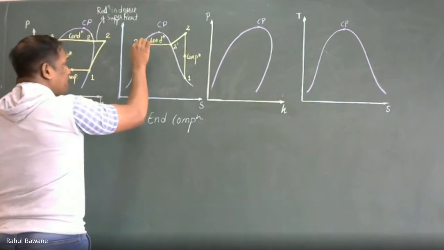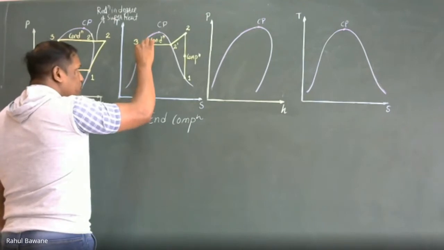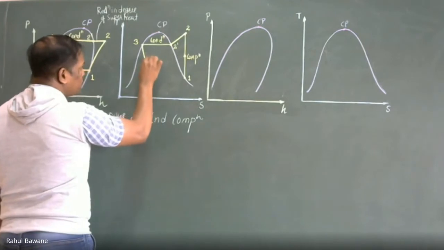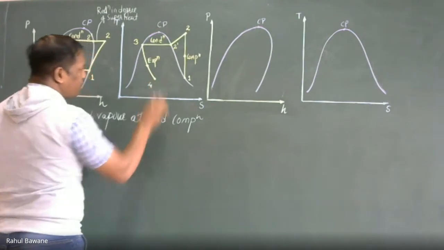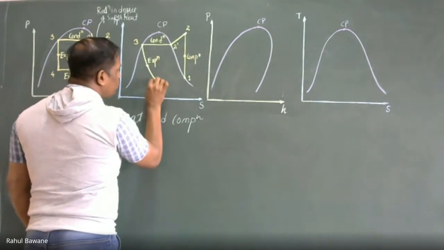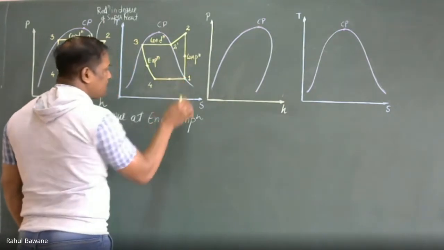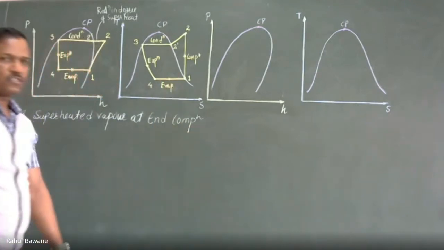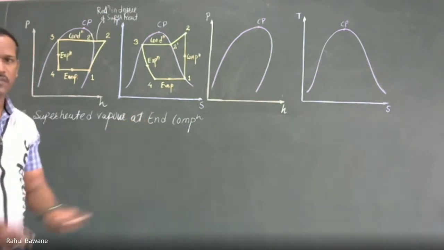After the condenser we supply it to the expansion valve, so the constant enthalpy process appears curved on the TS diagram. This is the expansion process, point 4, and from point 4 we send the refrigerant to the evaporator unit, where it extracts latent heat and entropy increases. So this will be the process on the TS diagram if the outlet of the compressor is in superheated condition.